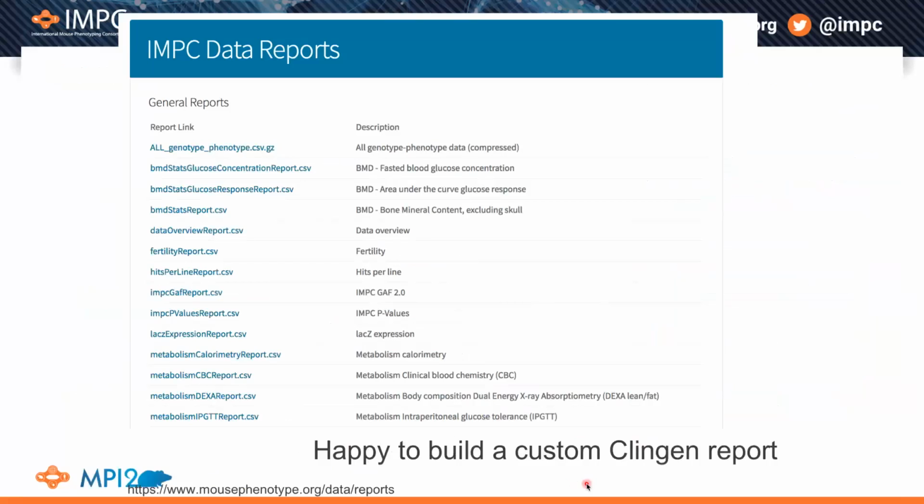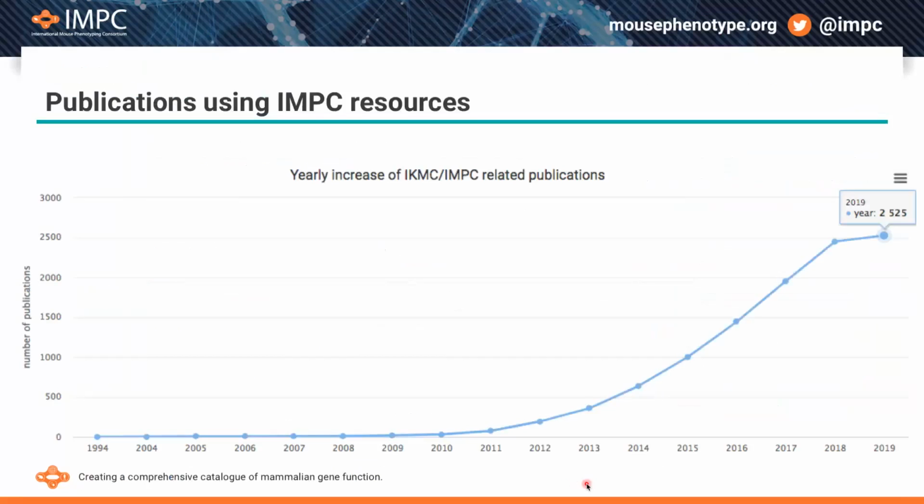Just a couple other things before I finish up. We have data reports that we provide to different collaborators, simple CSVs. We would be happy to build a custom report for the curators in ClinGen if there are particular things you want. As I mentioned at the beginning, the mice are deposited in repositories and they're being used.